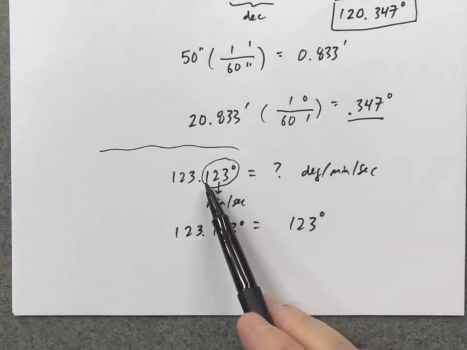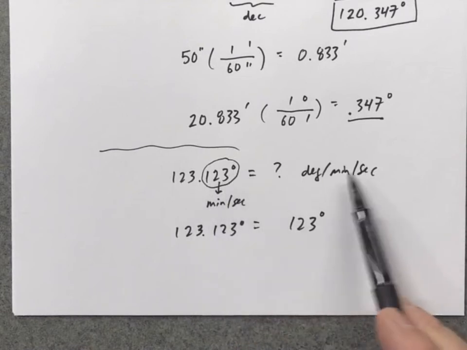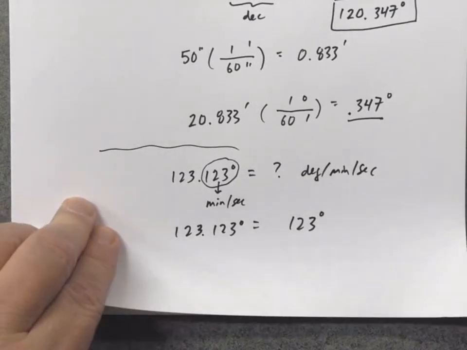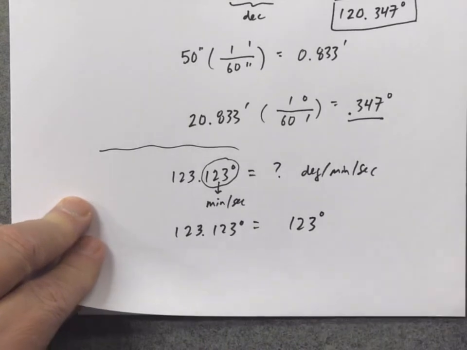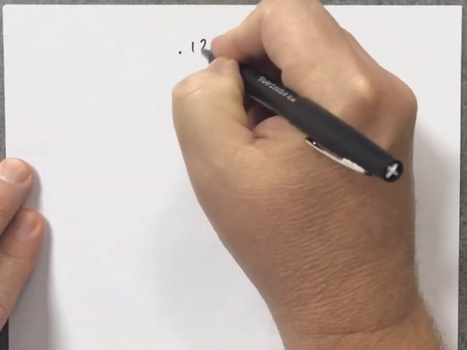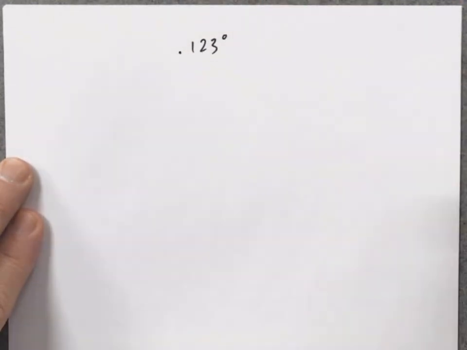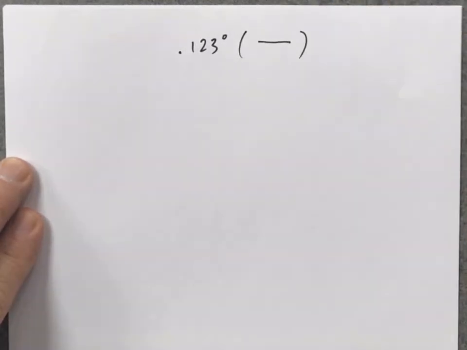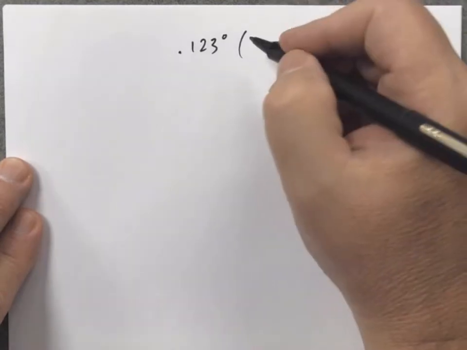Now I have to figure out, convert 0.123 degrees and see how many minutes and seconds that is. So let me go ahead and get a new sheet of paper so I have room to finish this. So basically, I'm taking 0.123 degrees, and the first thing I'm going to do is convert 0.123 degrees into minutes.